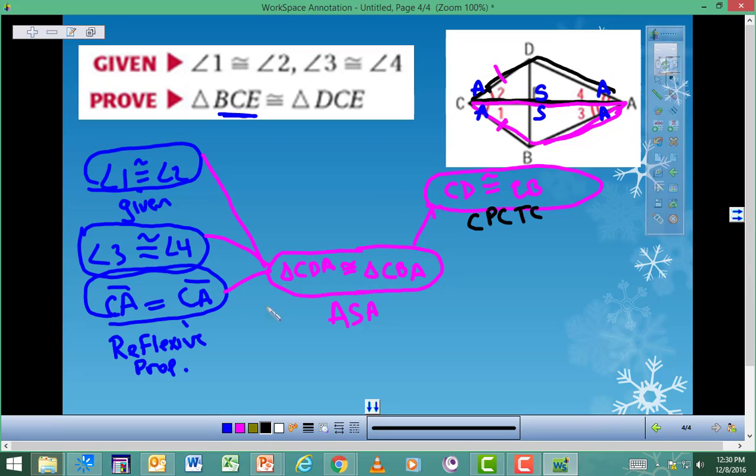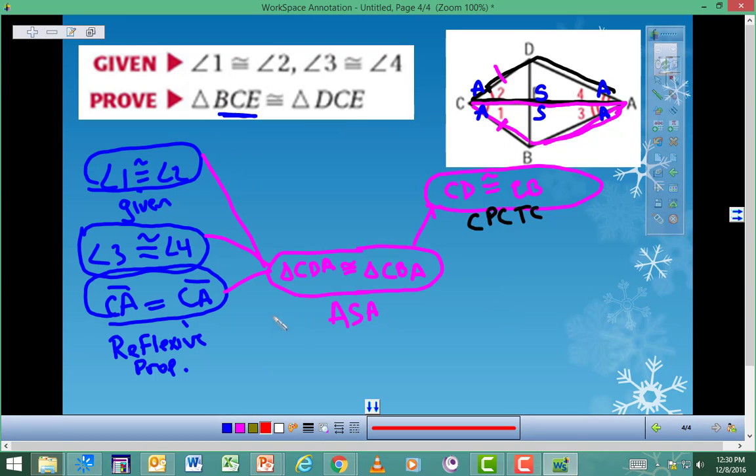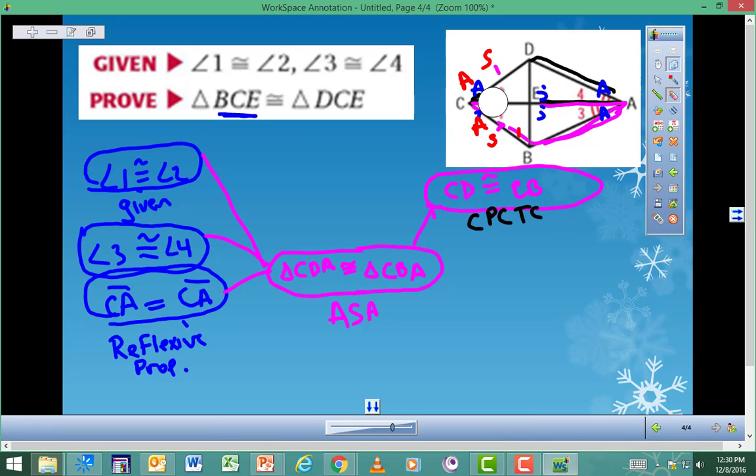Okay, so look at our setup here. What do we have? We have not side, side, side. We have a side angle and a side angle. The triangles I want to deal with now are these two. I have side angle, side angle. This side, right here in the middle, I'm going to have to erase this. It's getting way too messy now. This side is congruent to itself.